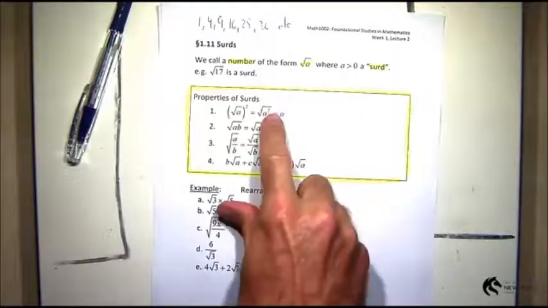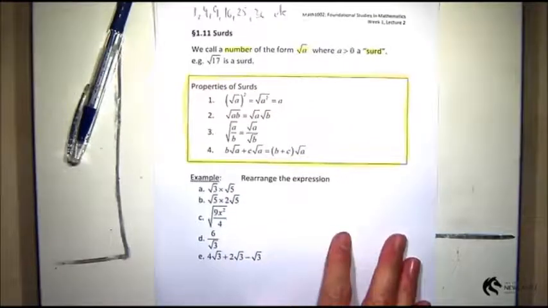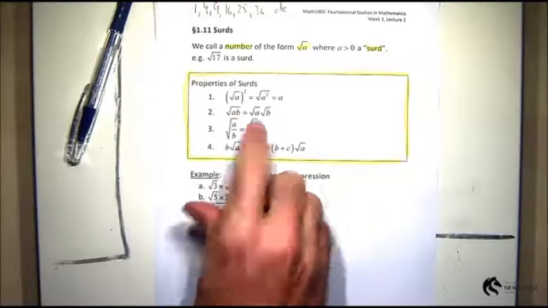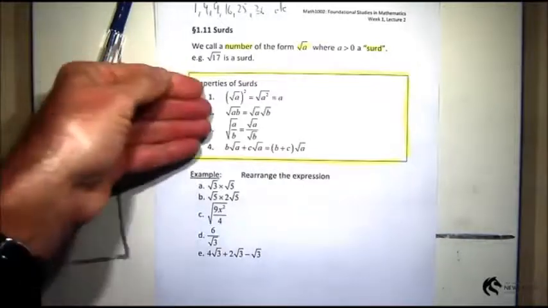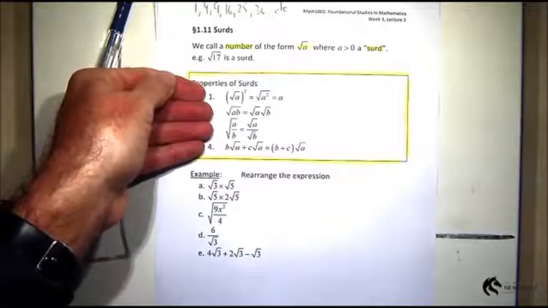Or if you've got the square and you take the square root, you get the number itself. That much we know. It also turns out that the square root of a times b is the square root of a times the square root of b, and so on. So these are properties of these numbers, and we can use these in rearranging algebraic expressions.